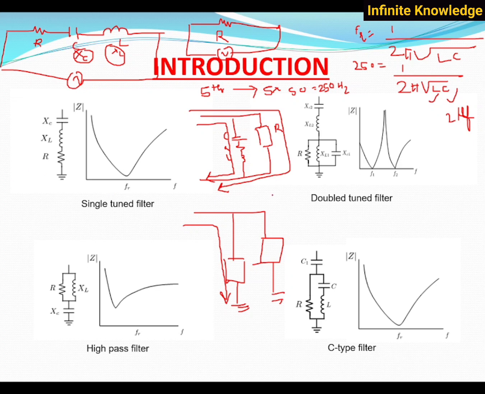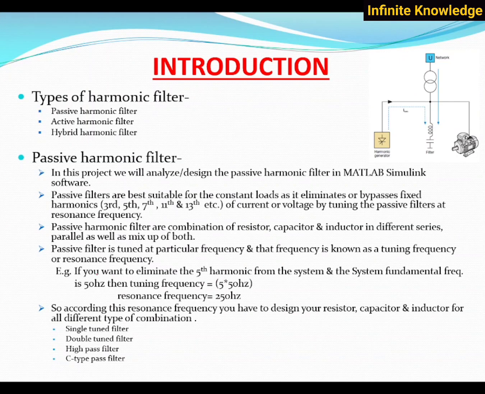So this is how you have to set it. Here I explain this thing: if you want to eliminate the fifth harmonic from the system, this is a filter and this is the harmonic generating load. All the non-linear, harmonic current will be bypassed this way.